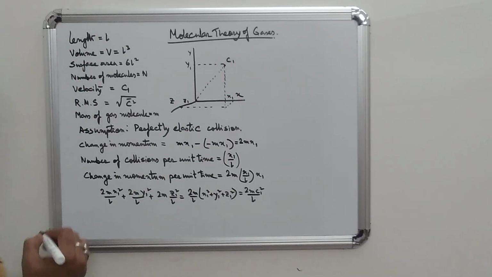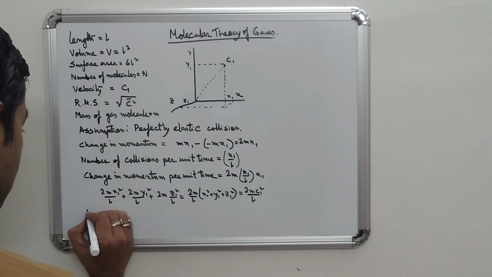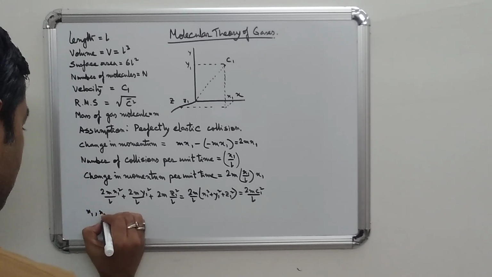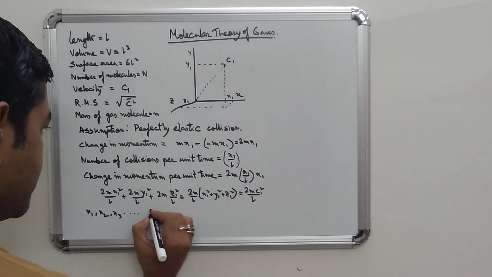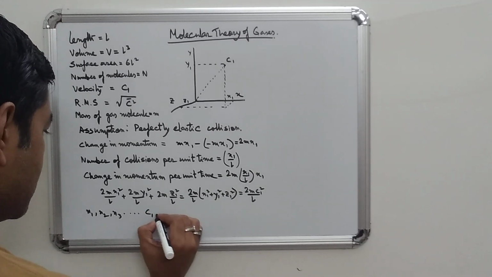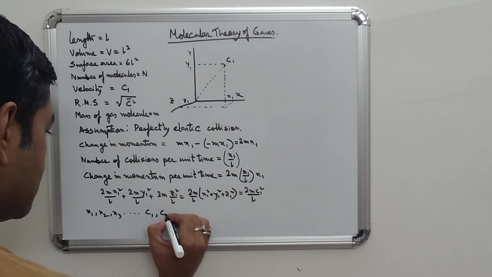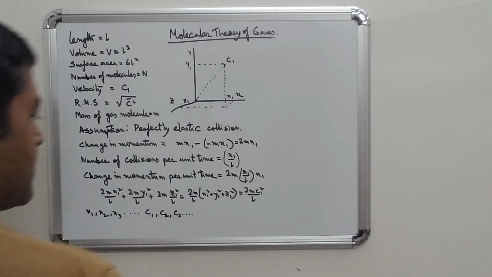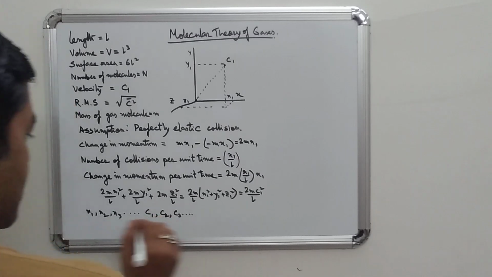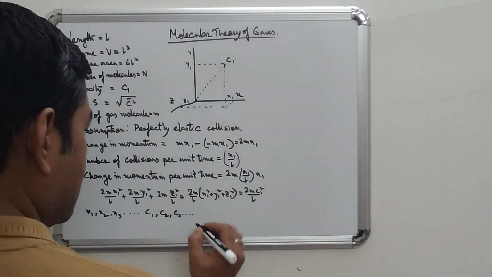Now, for the particles n1, n2, n3, etc., suppose the velocities are c1, c2, c3, etc. These are their corresponding velocities.